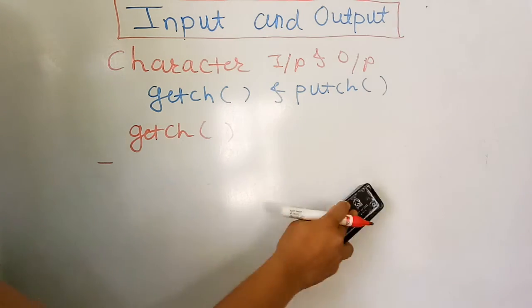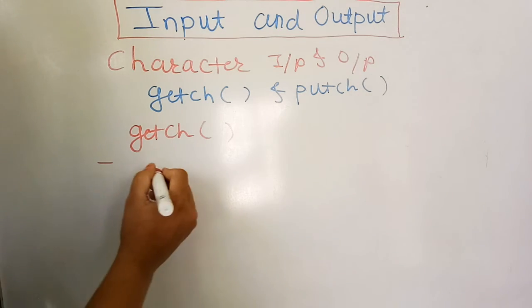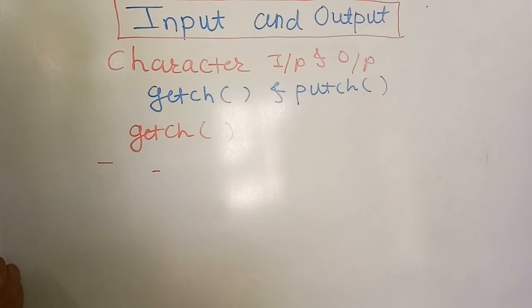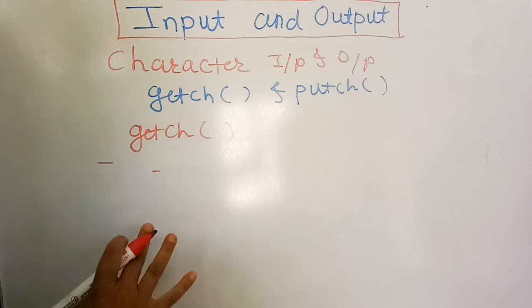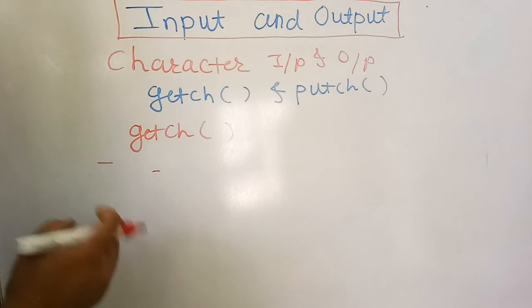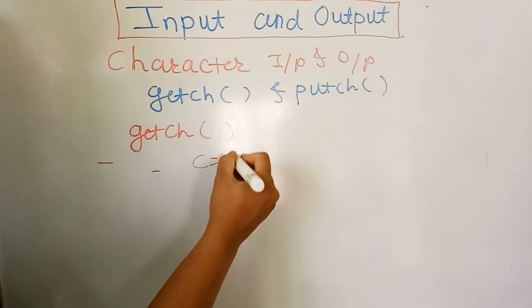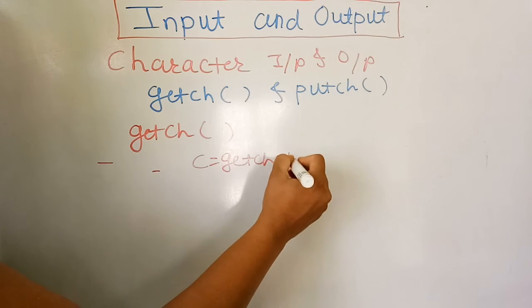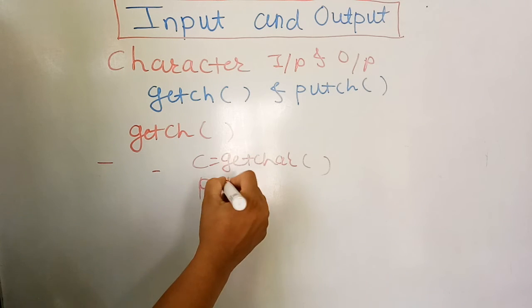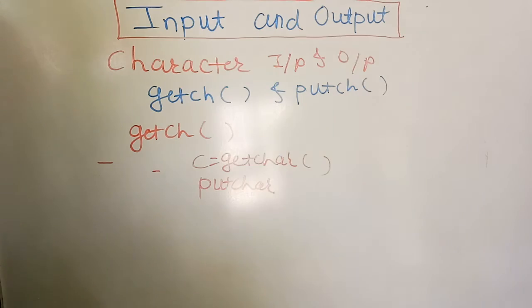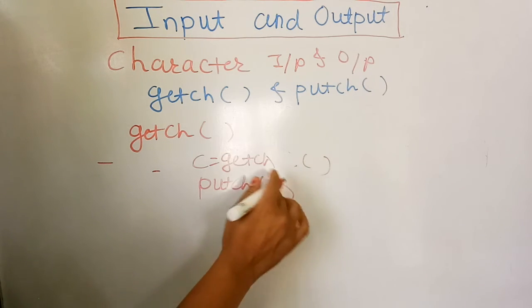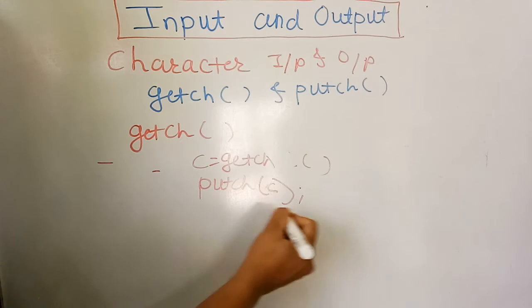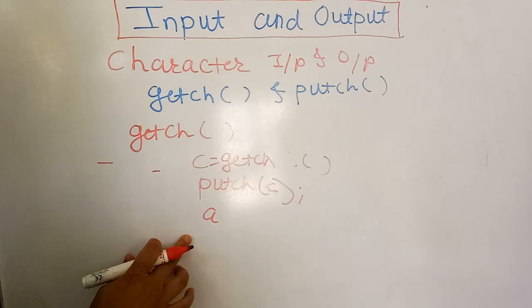But when you are using the getch mechanism, while the dot is blinking, you type the character, for example A, but it will not display on the screen. It will only be captured in the variable, c equals getch. And when you print that character with the help of putch, it will display it only once.